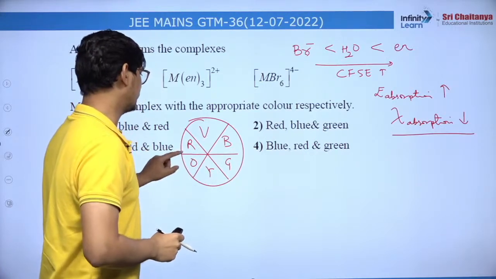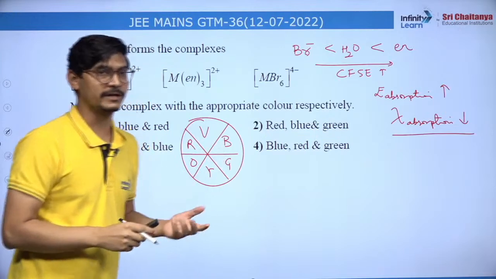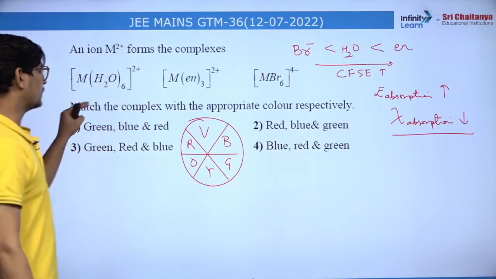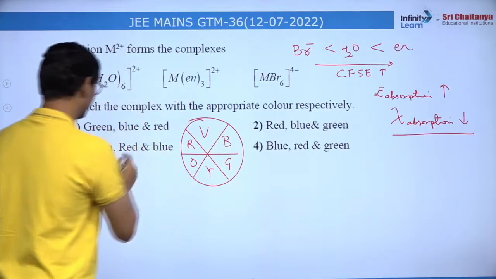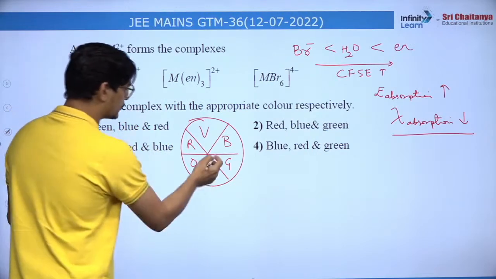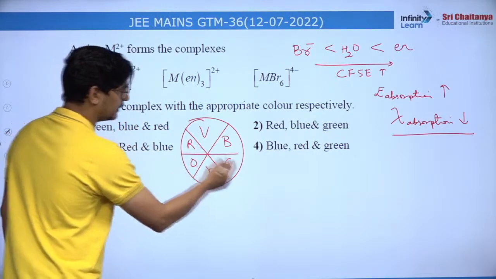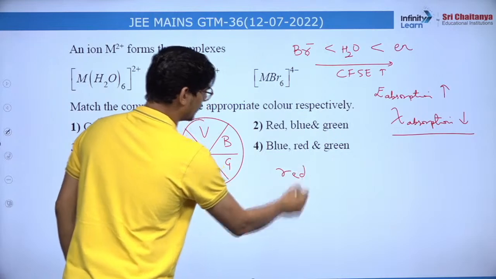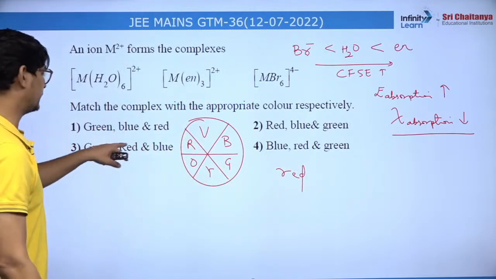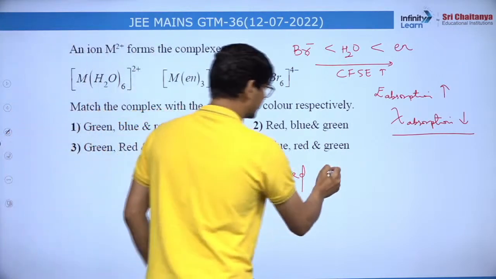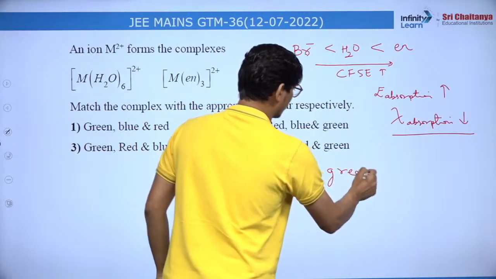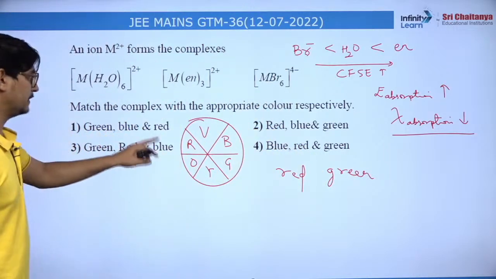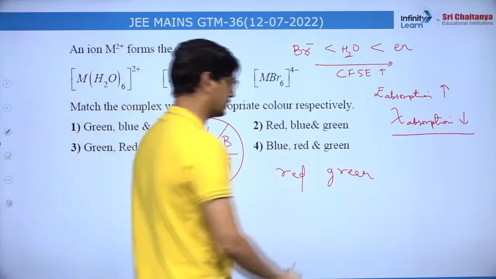If a complex appears orange, it absorbs blue radiation, like that. Now the colors of the complexes are given to be green, red, and blue. So if a complex appears green, it absorbs red. If it appears red, it absorbs green. And if it appears blue, then it absorbs orange.